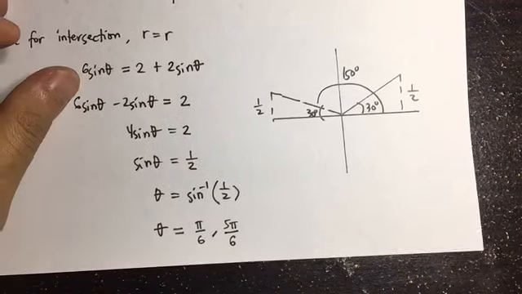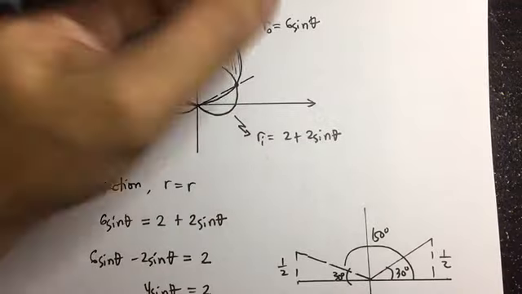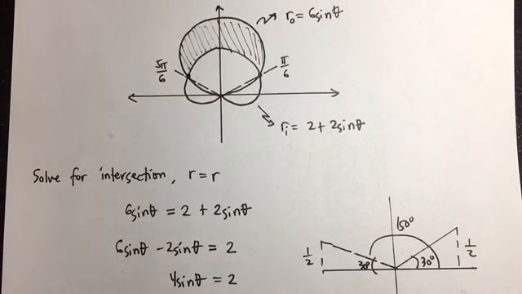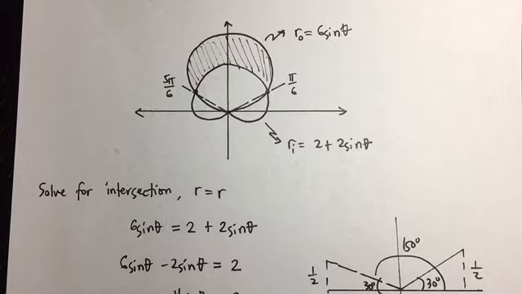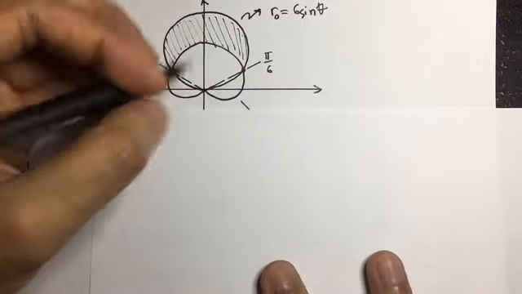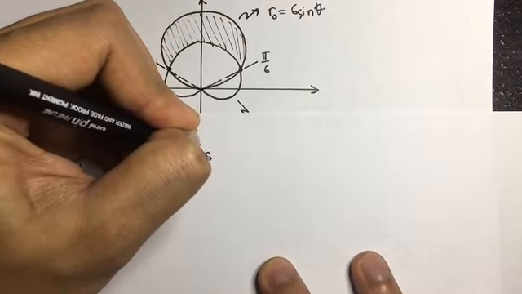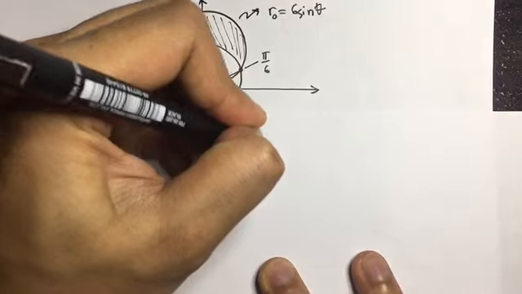Therefore our lower limit is pi over 6, and our upper limit is 5 pi over 6. We will integrate between those two. Our area is now equal to 1/2 integral of, again using our formula, outside radius squared minus inside radius squared d theta.